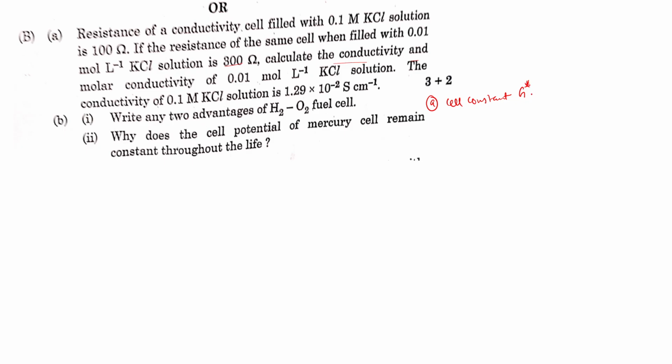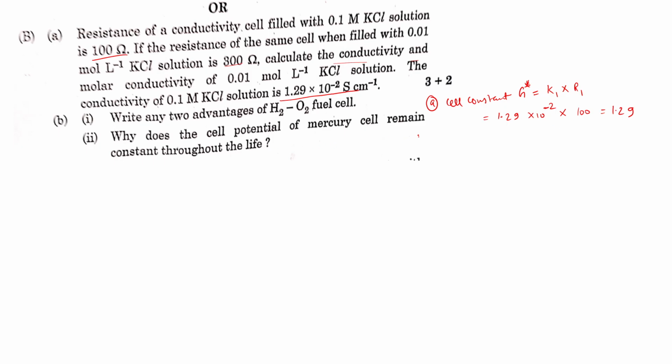So from the first data, G star is conductivity K1 times R1. The conductivity kappa that is given is 1.29 into 10 to the power minus 2, and in the first case the resistance is 100. So 10 to the power minus 2 and 10 to the power plus 2 cancel out each other. So the answer is 1.29. Cell constant is this one.